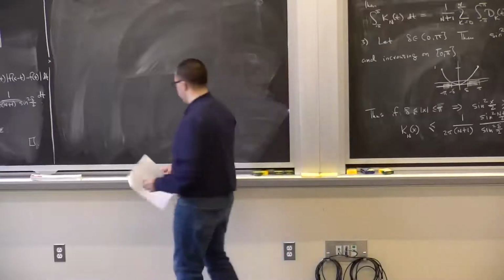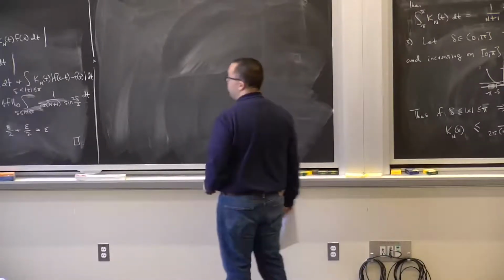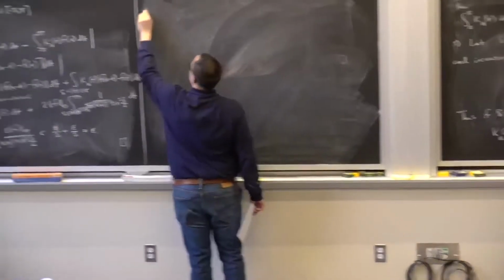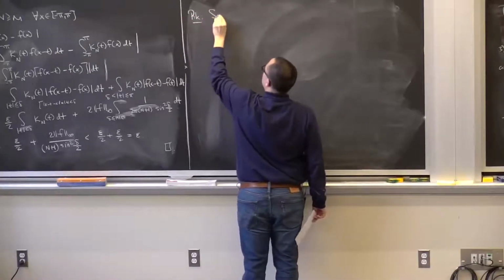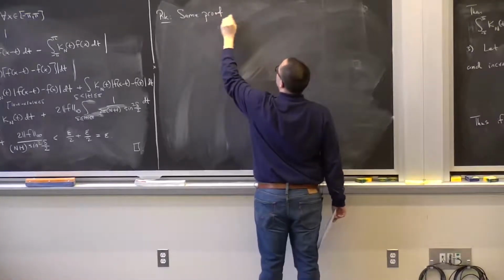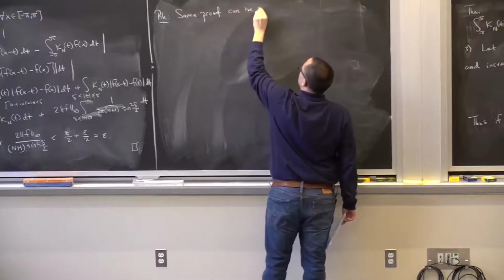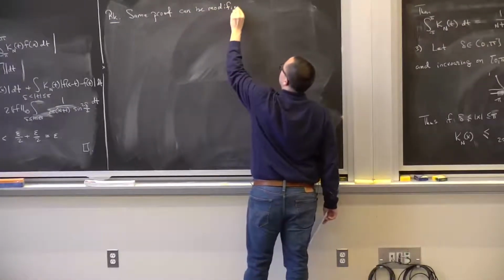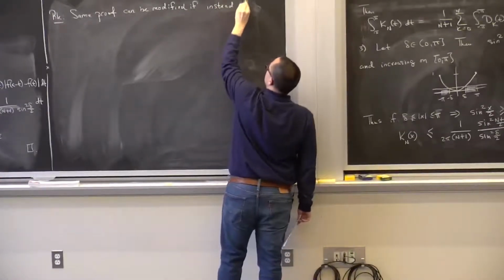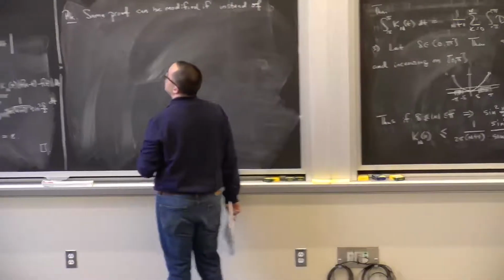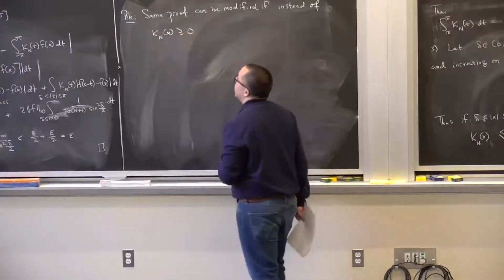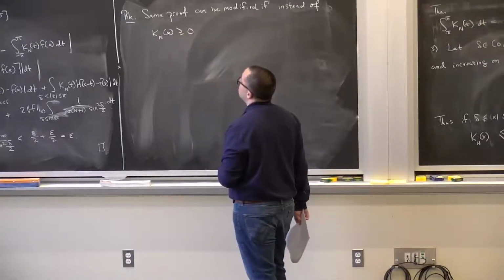So here's the remark I was going to make. The same proof can be modified if, instead of kn of x being bigger than or equal to 0, let me make sure I'm saying the right thing.